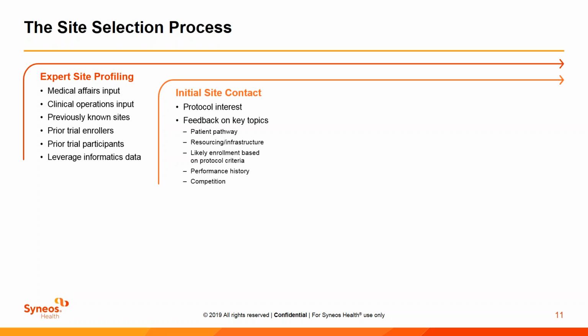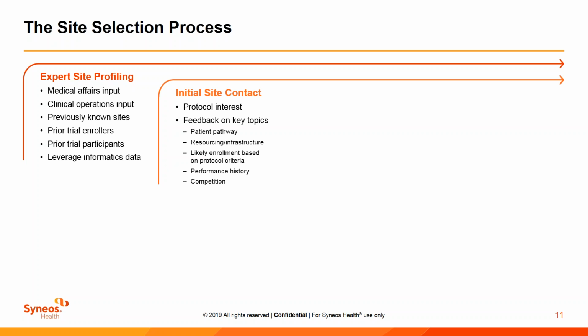So right at the very beginning, we're looking at, can this site work with us and work in an area that's maybe difficult. So for example, in the US, we've got community and academic institutions. So it might be that we're taking into consideration that the community institutions may refer their patients into an academic, or vice versa.